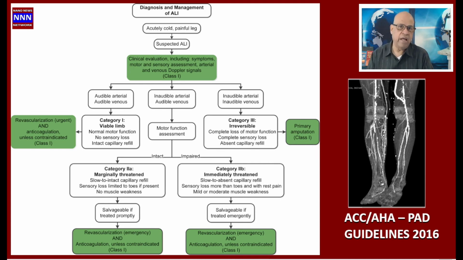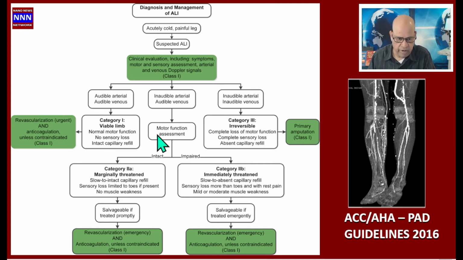Class 1 indication because if they are having gangrene, if they are having serious risk of getting sepsis, which can be much more life-threatening systemically, that's why these patients need to be considered for amputation.